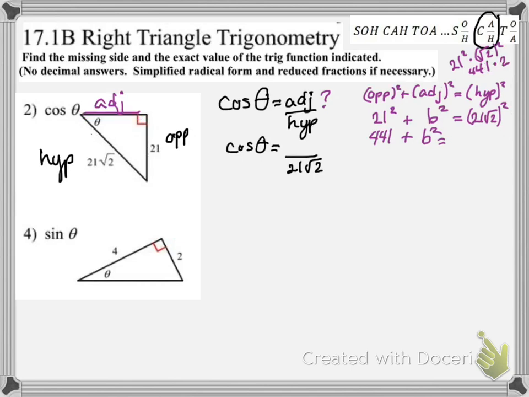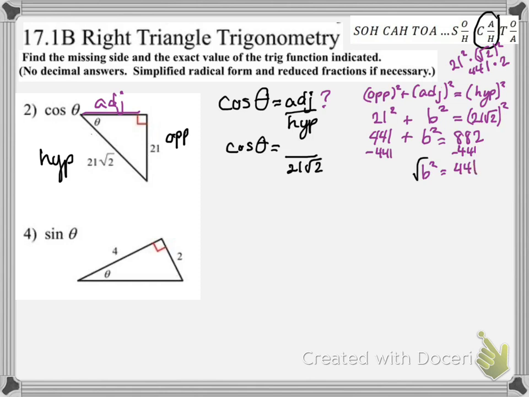And 441 times 2 is 882. I need the b squared by itself. I'll subtract 441, subtract 441. So now I have b squared equals, 882 minus 441 gives me another 441.